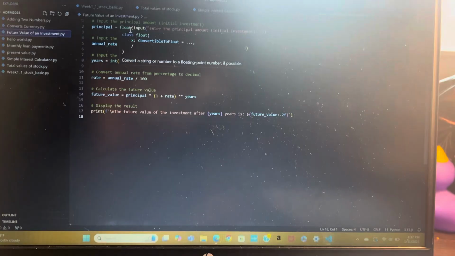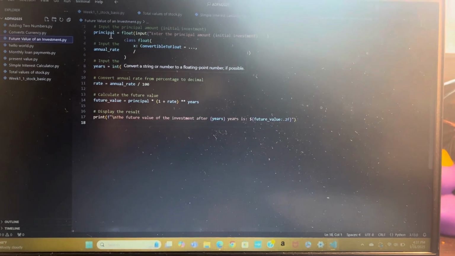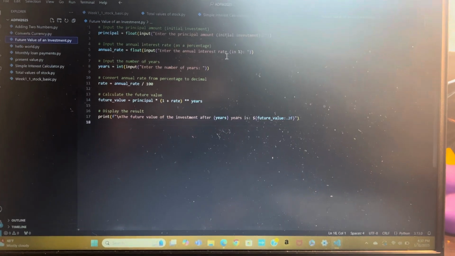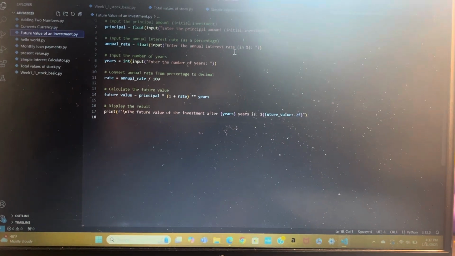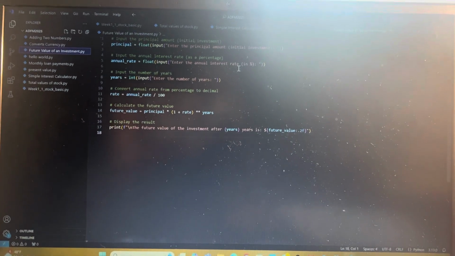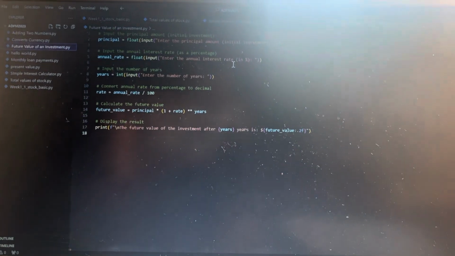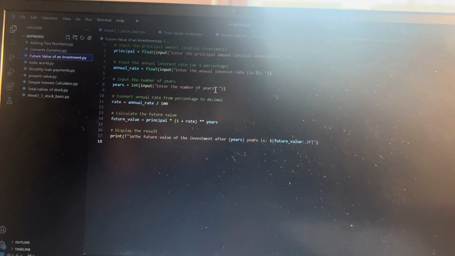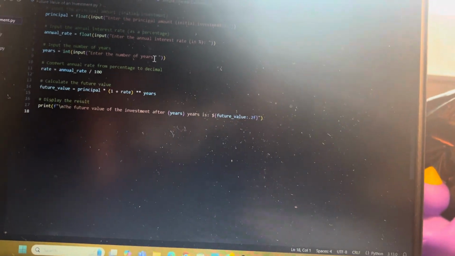Lines 2, 4, and 6 all prompt the user to input the value that is written out right here. And lines 2 and 4, those inputs are converted through the floating point number. For line 6, those years will be converted through an integer.